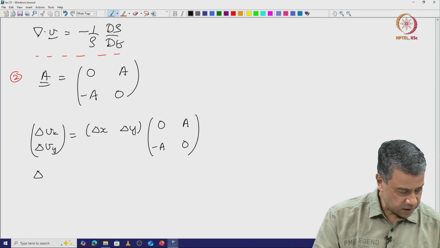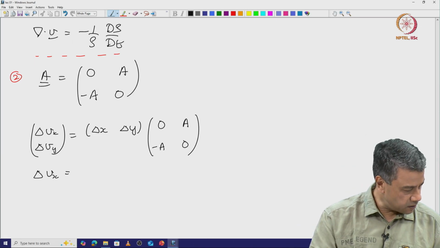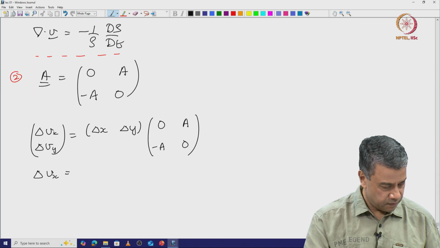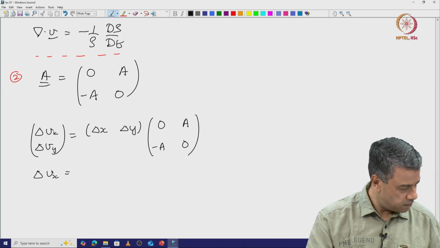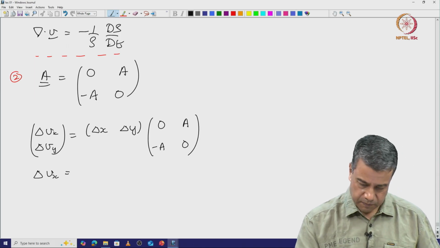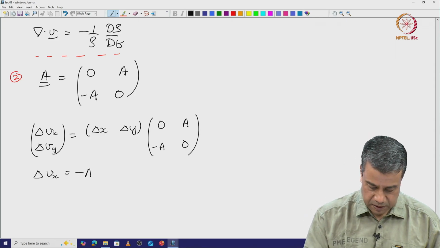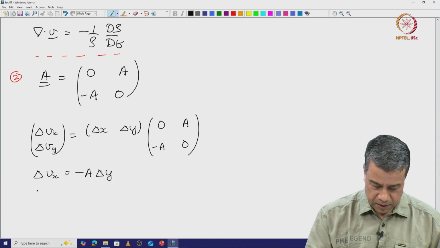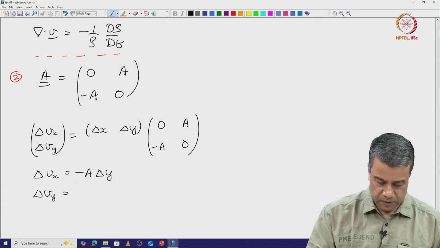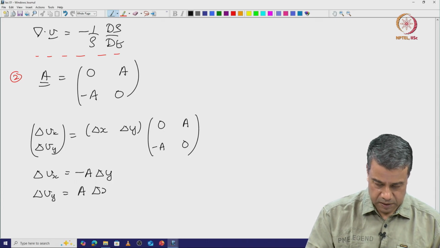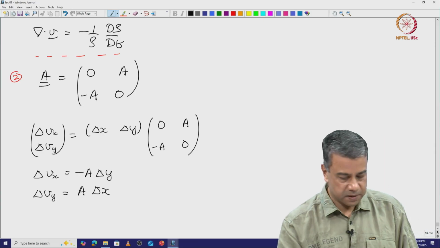I can write this as delta V x is equal to minus a delta y, and delta V y is equal to a delta x. So, that is what I get when I do the matrix multiplication.